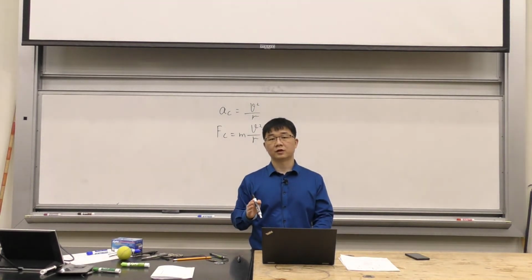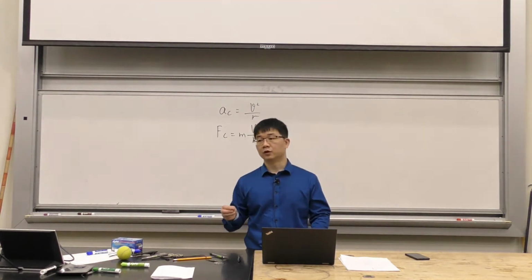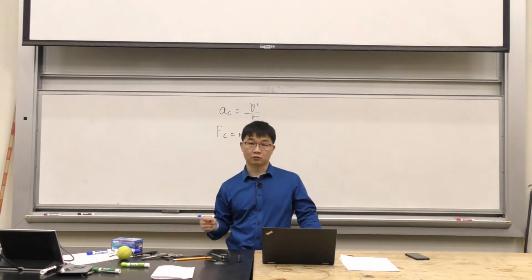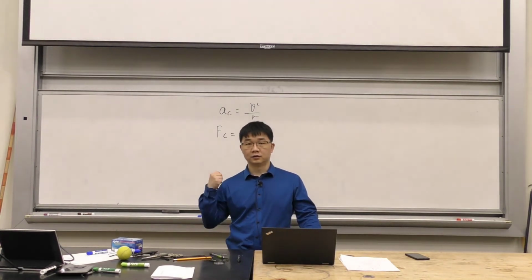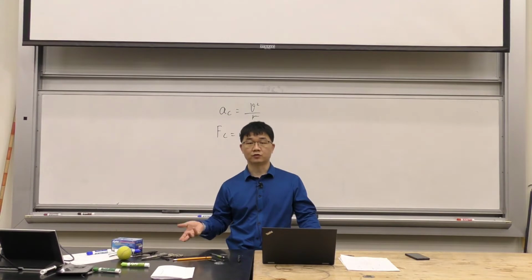You draw this acceleration toward the center, and then you set up your x and y. I would always set up my x and y so this centripetal acceleration is in one of these axes, because I don't like breaking acceleration. I prefer breaking forces. And once you set that up, you still set up Newton's second law, and the centripetal acceleration is just going to become your ax or ay, depending on which one you call x and y. But the steps are still the same as a problem in straight line motion.